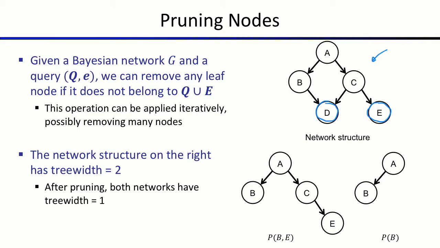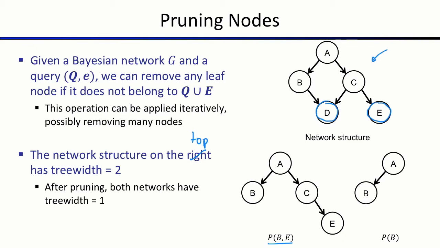In the first example, we want to compute the probability of B and E. We're going to operate on this top network here, sorry for the mistake, and it has a tree width equal to... we don't know exactly what the tree width is. In order to compute that, we would have to find the best elimination order and calculate the width of this best elimination order.